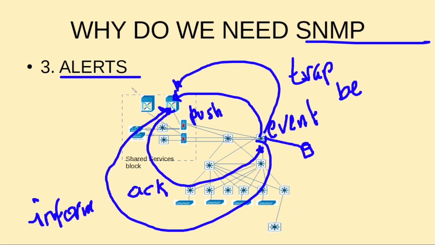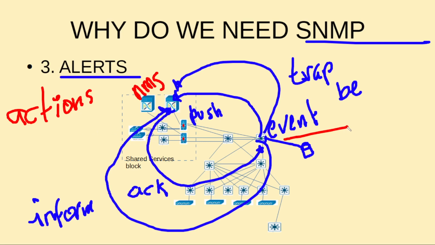And the reason we need these alerts is because we can configure the network management system to execute one or several actions upon receiving alerts. We can, for instance, create a ticket so we can follow up and figure out why this event happened in the first place. We can send email to network administrators and so on.